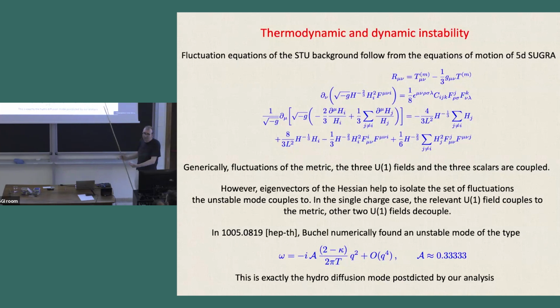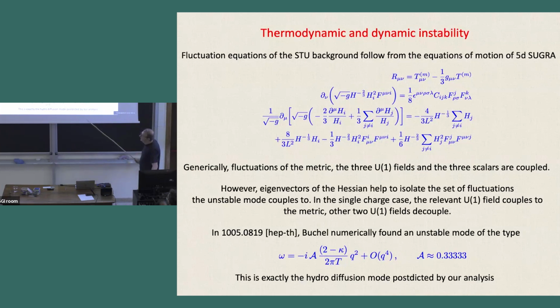So the two other fields will do the usual thing. You will have a stable charge diffusion. There are three charges, and one of them will be unstable. You can think of red, blue, and green. Blue and green will do the usual charge diffusion, which is stable. They won't do anything. They decouple and they obey equations which were known a long time ago.